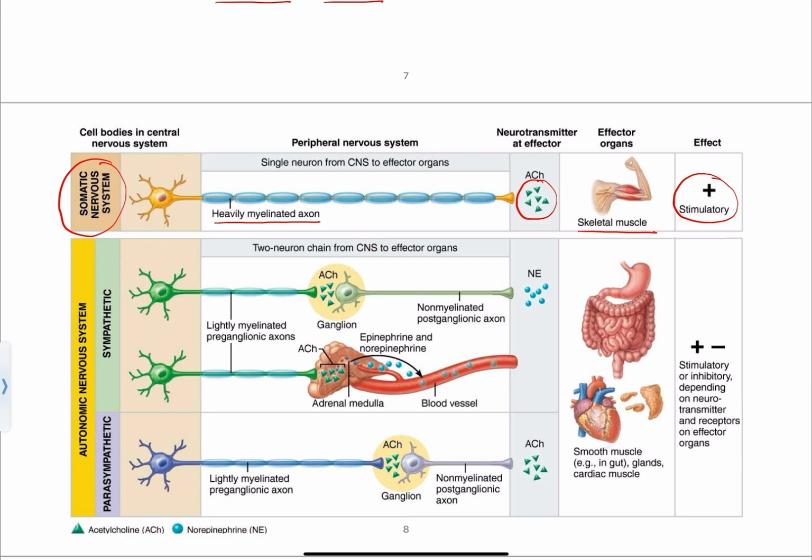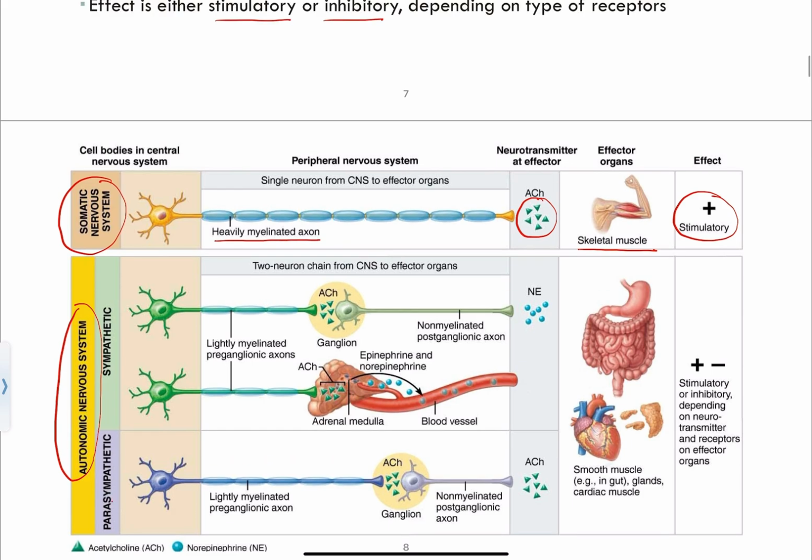When we talk about the autonomic nervous system, we're talking about a two-neuron chain where the first neuron in the chain we call the preganglionic neuron, and the second neuron in the chain we call the postganglionic neuron. The preganglionic neurons of either the parasympathetic or the sympathetic are always going to be lightly myelinated.